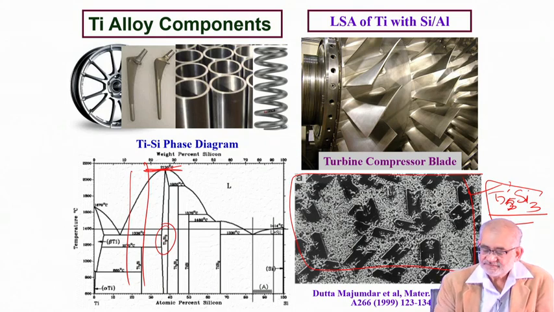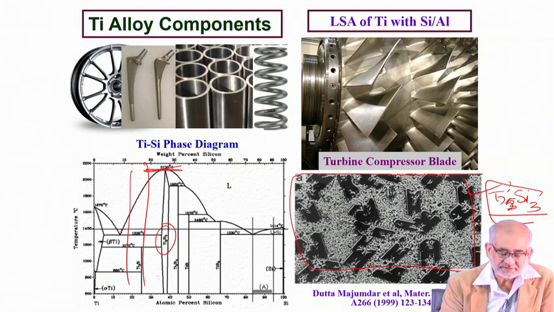So we create a surface which is about 30-40% covered with these faceted intermetallic phases, and another 60% or so is also coming because of the eutectic here.